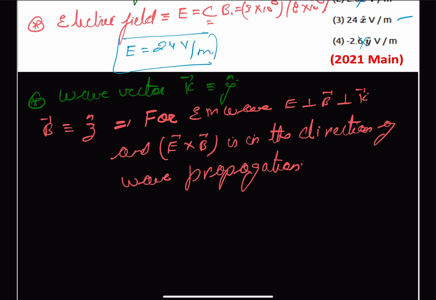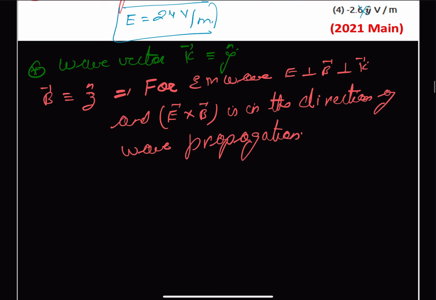So we are going to find out E cross B, and we can take both values of E. One time we can take plus x, another time we can take minus x. Okay. So first of all, let us assume that our electric field is along positive x unit direction.